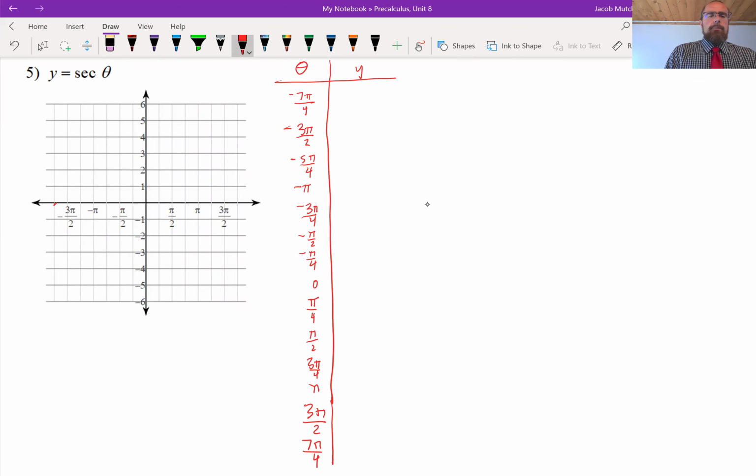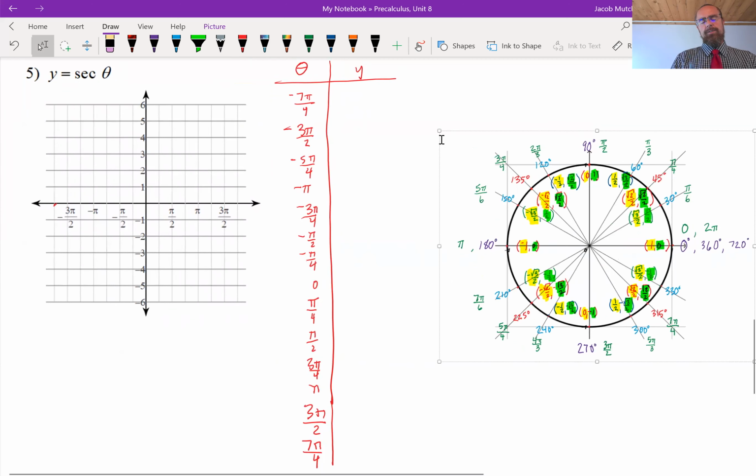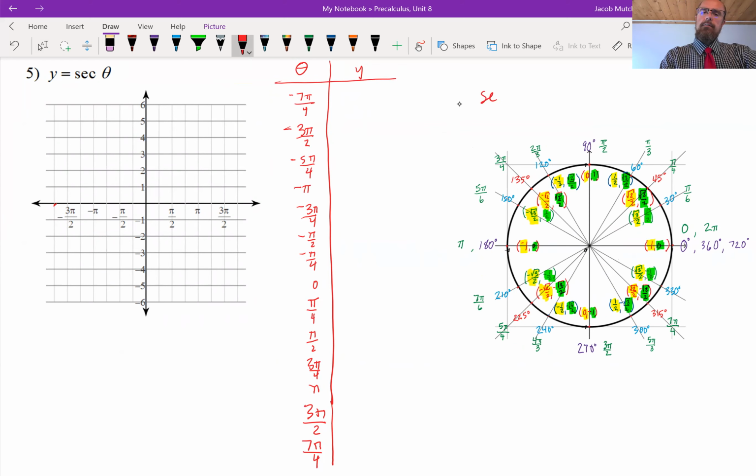So we need to think about how we would have calculated secant. I'm going to again bring the unit circle, but unlike sine, cosine, and tangent, I've got to do some additional manipulation to catch secant. So we just need to remember the way we define secant. Secant is the reciprocal of cosine.